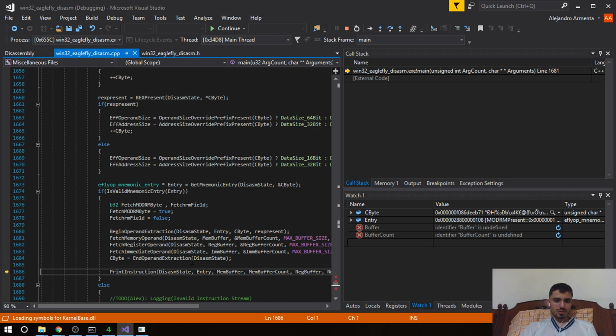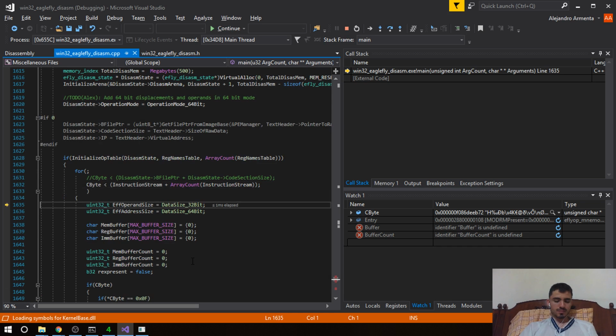Begin upper extraction. Then we print it out. Normal stuff happening.